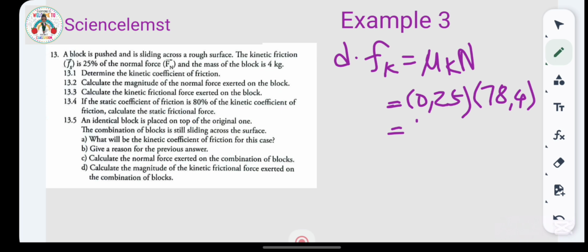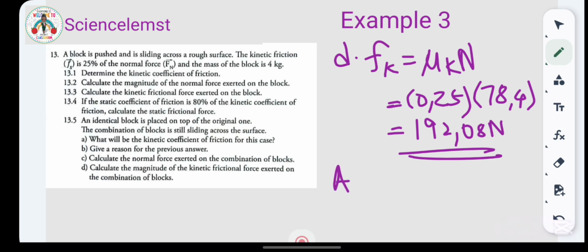The final answer is going to be 19.6 Newton. So it's clear to see that as normal force increases, kinetic frictional force also increases. Okay, because kinetic frictional force or frictional force depends on the normal force.